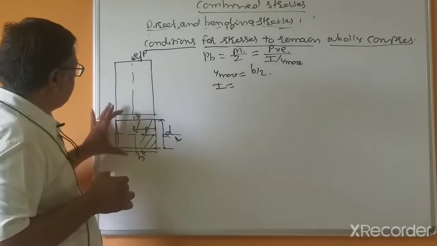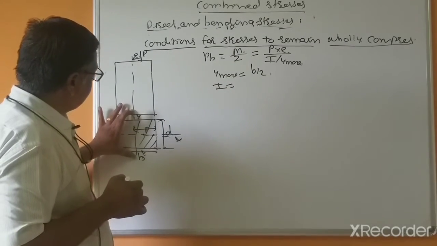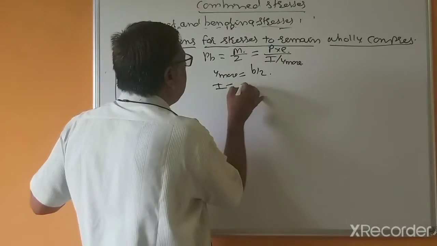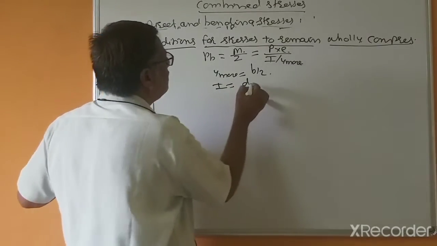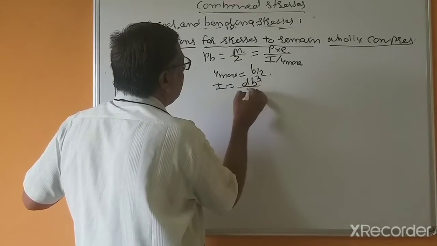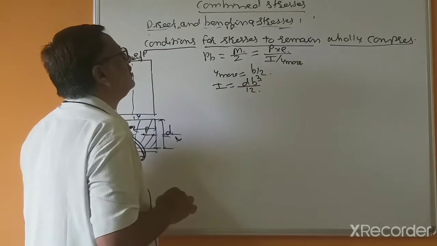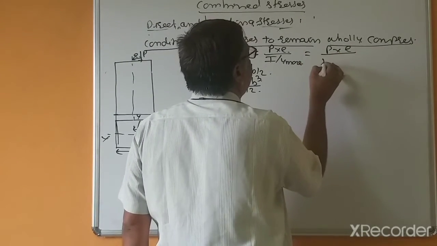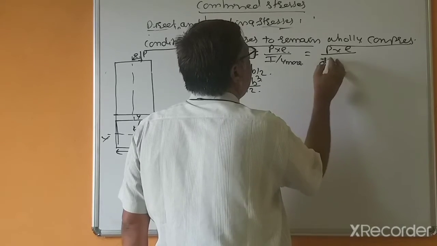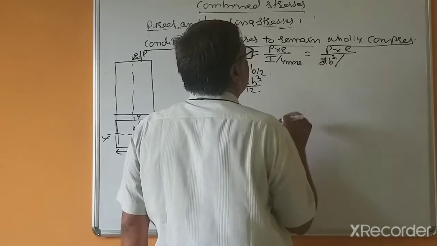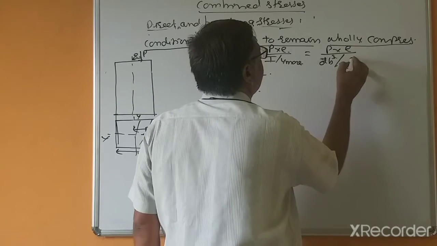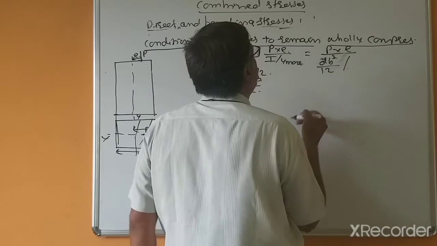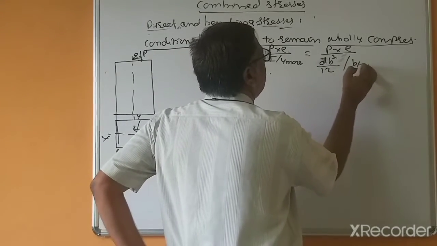Now neutral axis, y-y neutral axis. So that's why, yes, D, because this is parallel, so I equal to dB cube divided by 12. So that's why P into E divided by I, with I equal to dB cube divided by 12, and Y max equal to B divided by 2.